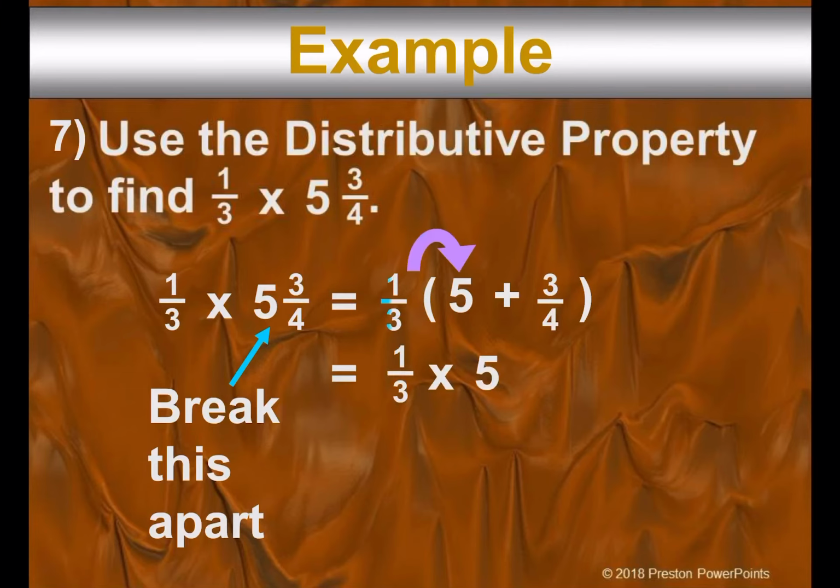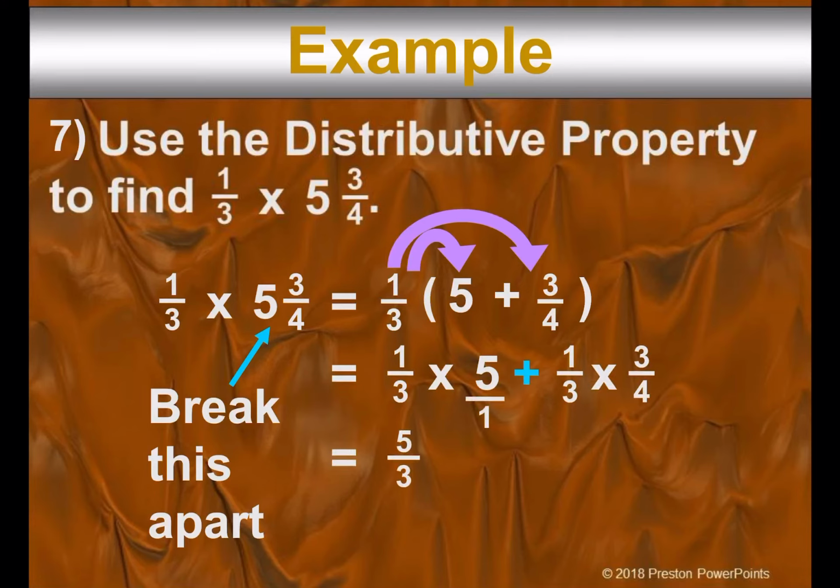So if we take the 1/3 times the 5, we're going to turn the 5 into a fraction, so then we have 5 over 1. So 1 times 5 is 5. 3 times 1 is 3. Now let's try the other one, and we can cross reduce the 3's, and then I just end up with 1 over 4. So now I have 5/3 plus 1/4, which I'm going to need to get a common denominator.